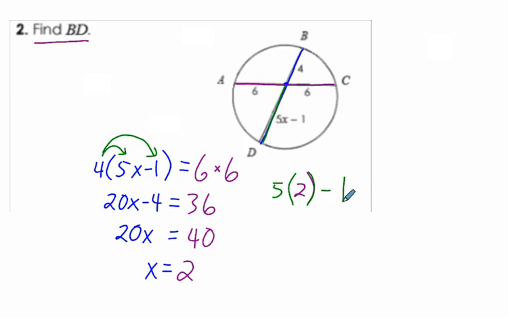So that would give us 10 minus 1. So this little section here would be 9. So the total length from B down to D would be your 9 plus 4, which is 13. So BD would equal 13. So don't forget, if it's asking you for the length of a particular segment, to go back and substitute your variable value back in to actually calculate and finish the problem.